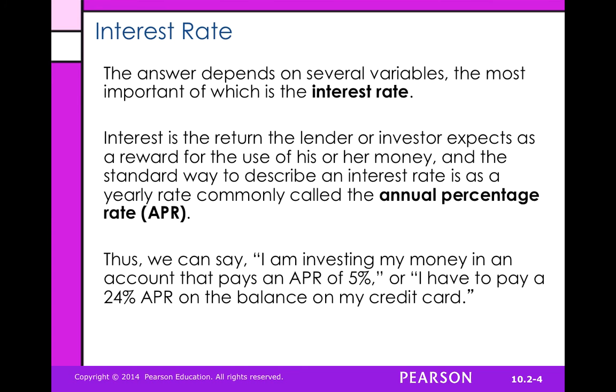So essentially what the interest rate tells you is the larger the rate is, the more money it's going to cost you to use somebody else's money. So if these are loan rates, 5% versus 24%, you're going to pony up way more money for the 24% than the 5%, essentially.